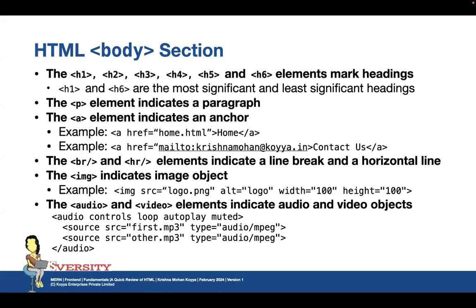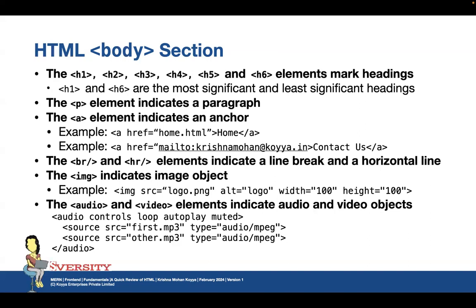One of the most important sets of tags that are very commonly used are heading tags, not header, sorry, heading tags. There are 6 heading tags, H1, H2, H3, H4, H5, and H6. These elements mark headings. H1 is the most significant, and that heading appears in the largest size possible.